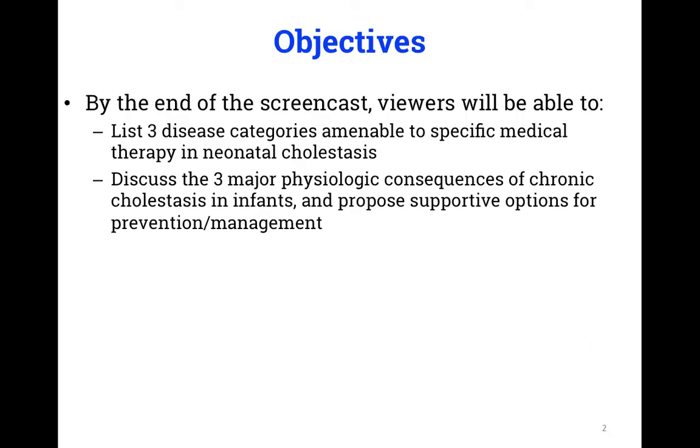The objectives of this screencast are to first discuss why the diagnostic evaluation, which I'm not going to go into in great detail, is so important to be able to identify some of the underlying conditions presenting with neonatal cholestasis, as there are a certain number of disorders that are amenable to specific medical therapy, which can potentially be curative and reverse the liver injury.